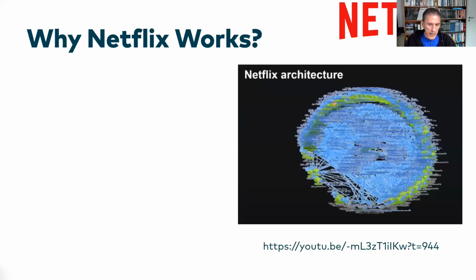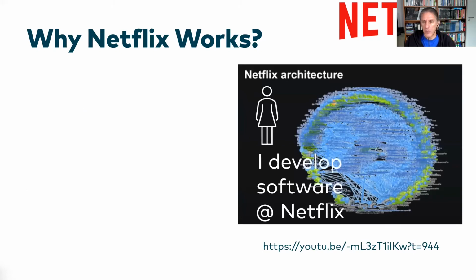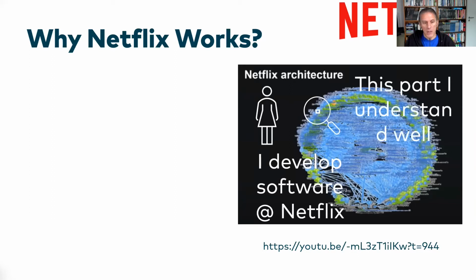And I believe that the reason why this works is that if you have some person that works on the software at Netflix, that person can possibly only understand a very small part of the Netflix architecture. Only that small part is something that one person could really understand.